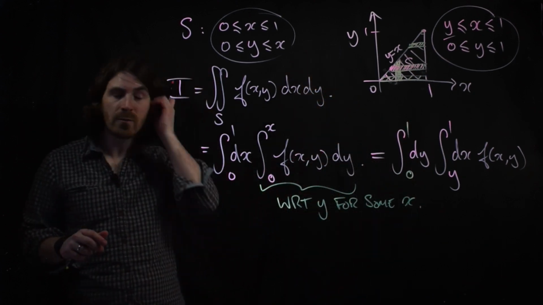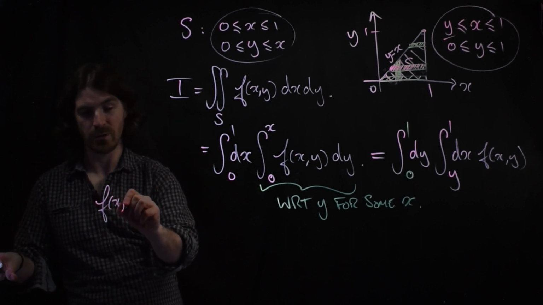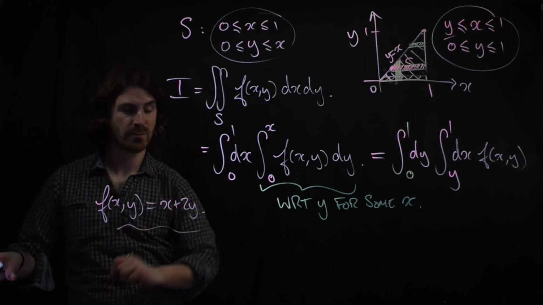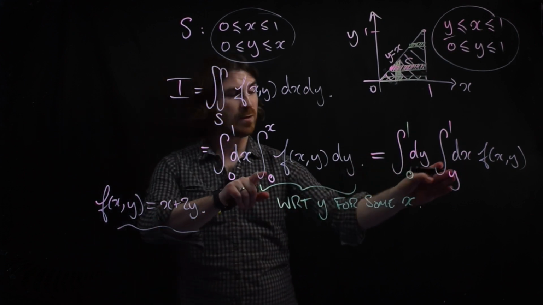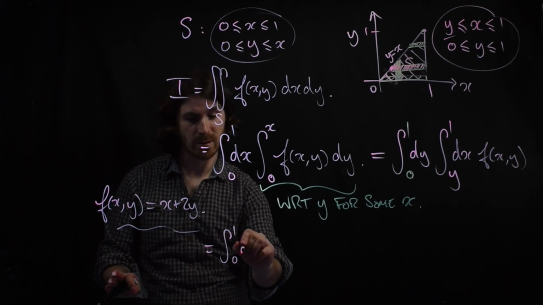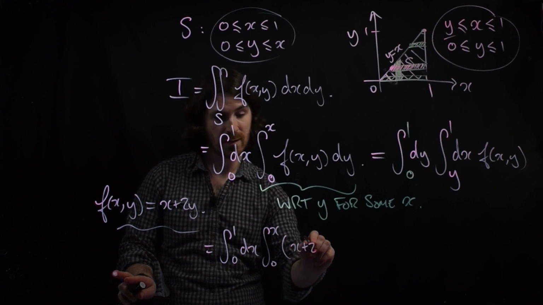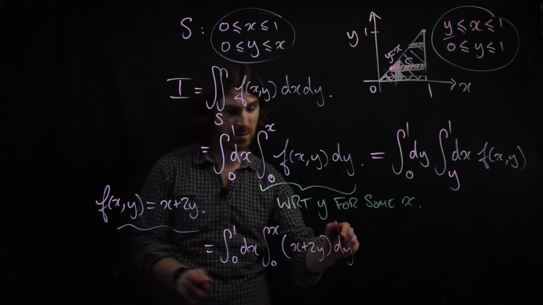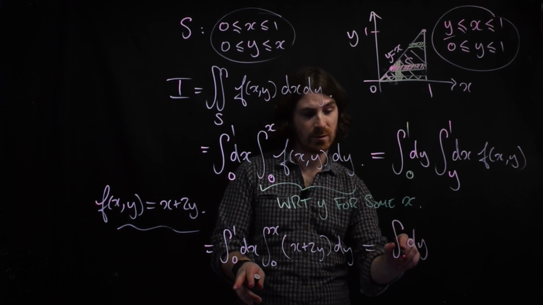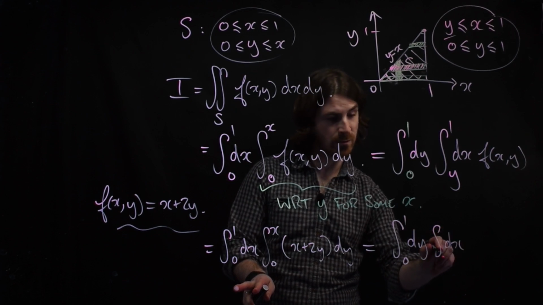You can check for yourself for some functions. Try the function that we looked at previously, x plus 2y, this house with a monopitched roof. Check that these two things give you the same result, i.e. that the integral 0 to 1 dx, 0 to x of x plus 2y dy equals the integral where we do the integral over dy second and the integral over dx first.